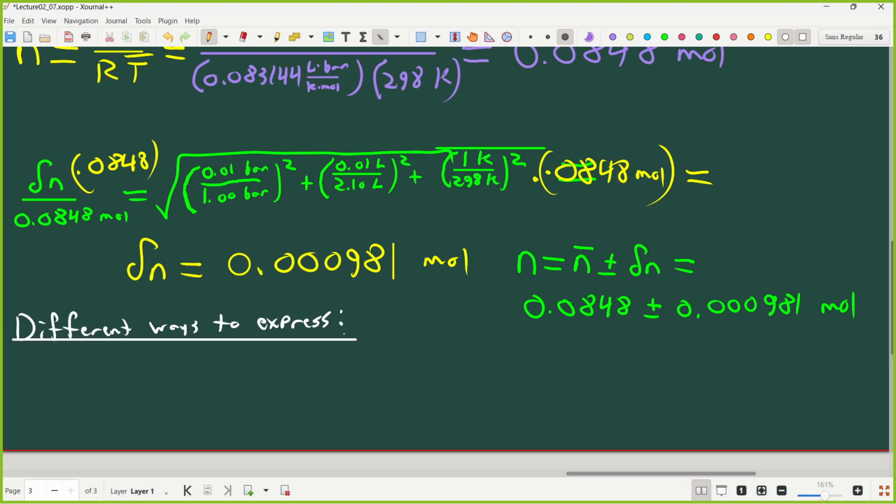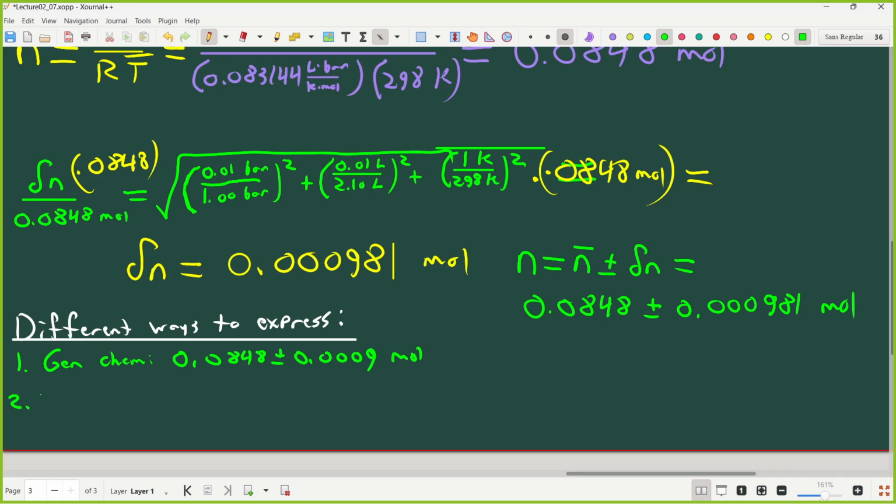I'm going to go in terms of increasing elegance. Of course, the least elegant way, the CHEM way, is to write 0.0848 plus or minus 0.0009 mole, because the first digit that's uncertain is the fourth. That's how significant digit rules would tell you to do it.